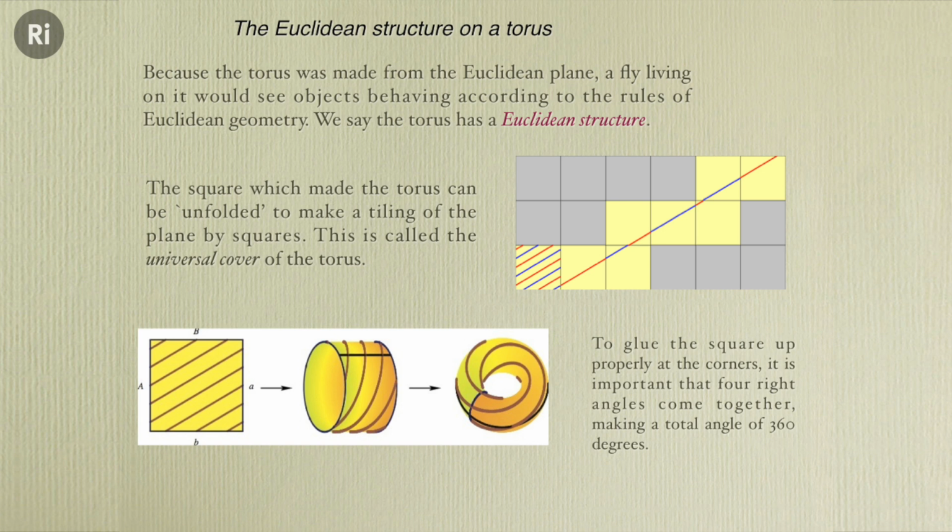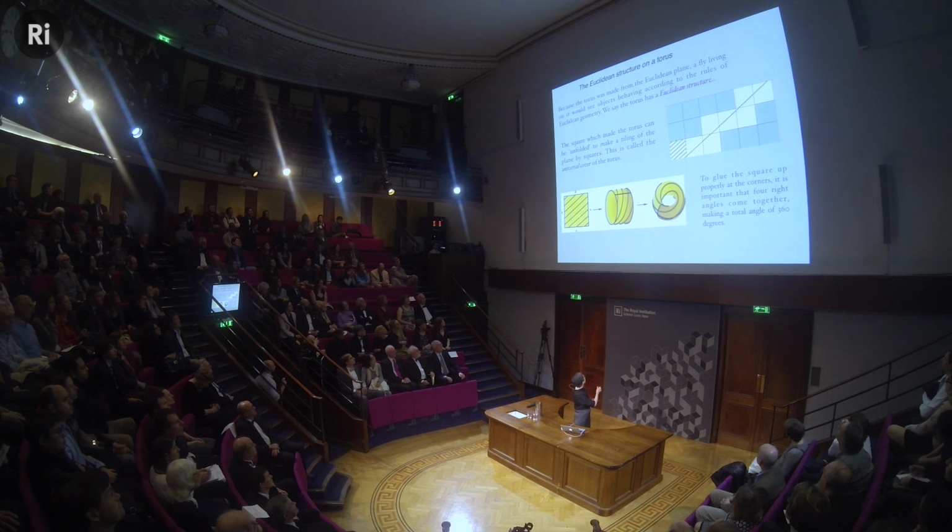Here's another picture of gluing up this torus. And there's one very crucial feature in doing this. When I glued from here to here, this plus that were 180 degrees, so they met at a straight line.